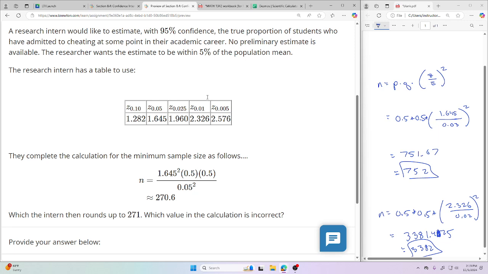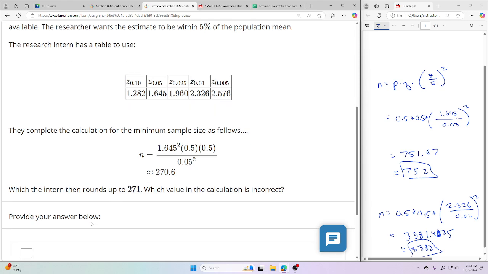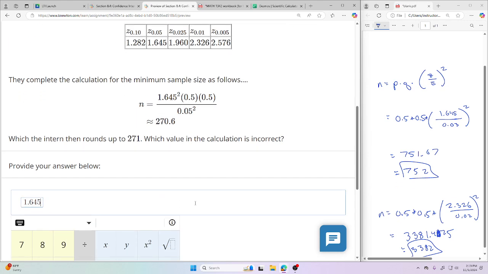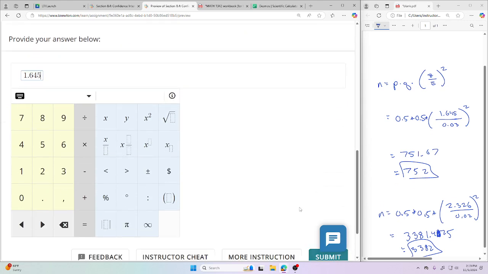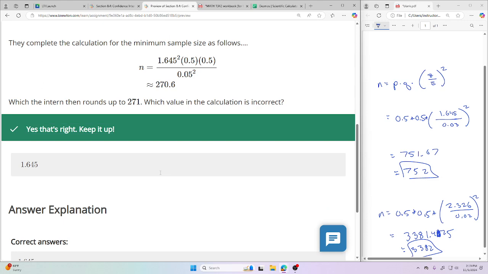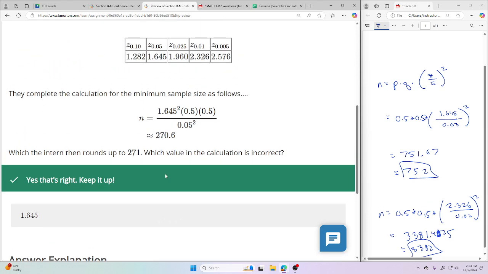This number here, right? It should have been this number here. So what they're saying is that we need to put in what they did wrong, I think. Which value of the calculation is incorrect? The 1.645. That's what's wrong. That number should be different. See? They're just saying what number up here should not be there.